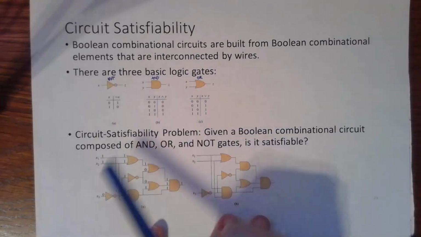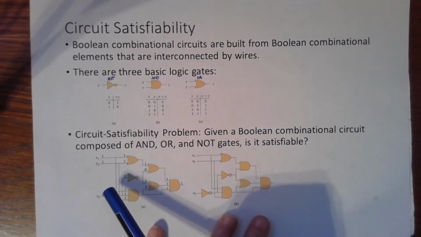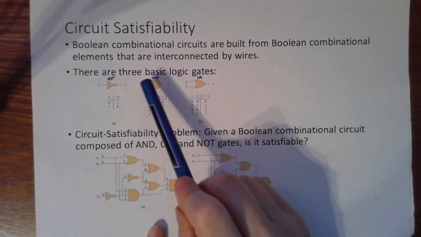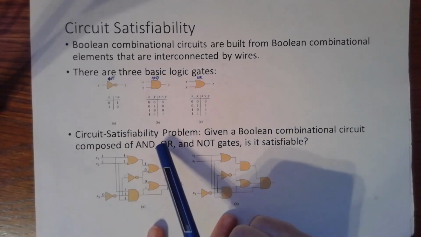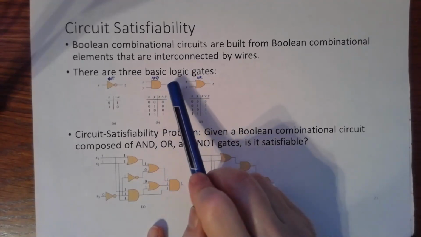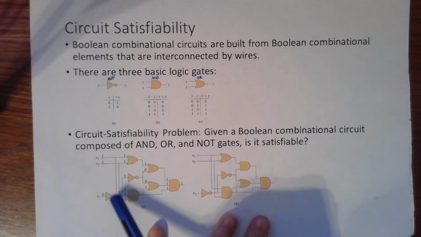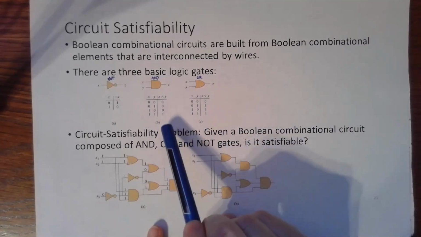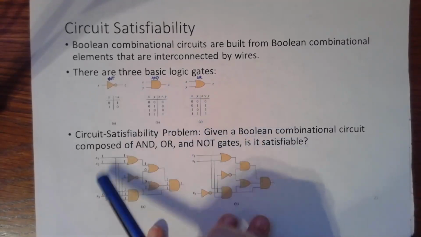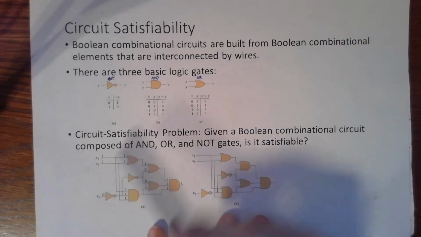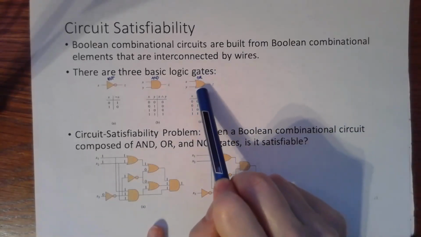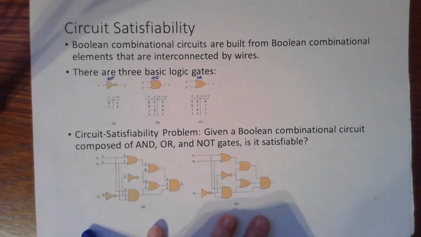This is the visual of what an AND gate is represented by. For an AND gate, recall the logical AND, the only time the output will be true is if both of the inputs are true. So the only way to get an output of 1 is if both x and y, both inputs, are 1. And then an OR is visualized in this manner.